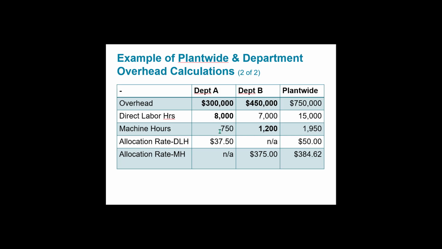Machine hours are 750 and 1,200. In both cases, we're using drivers that are used disproportionately by one department versus another. The allocation rate is $37.50 per direct labor hour for Department A, and for Department B, we're using 1,200 machine hours, so 450,000 divided by 1,200 gives us $375 per machine hour.